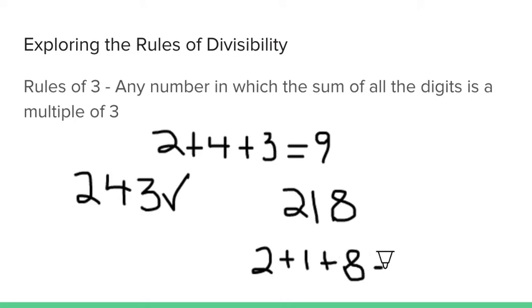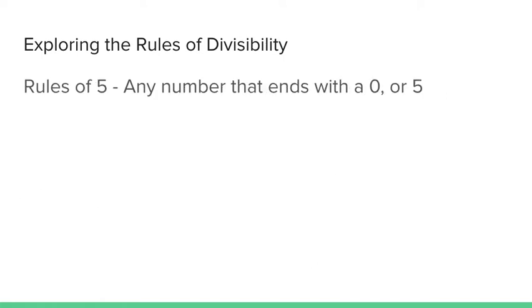Okay, and I can tell you right off the bat, if we skip count by 3: 3, 6, 9, 12. It cannot go into 11 evenly. So right away after doing that, I would know that 218 is not divisible by 3. Okay. Moving on.